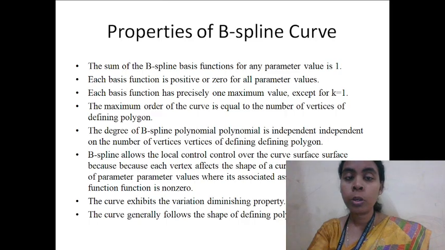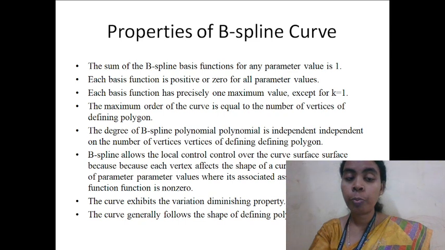The properties of the B-spline curve: the sum of the B-spline basis functions for any parameter value is 1. Each basis function is positive or 0 for all parametric values. Each basis function has precisely one maximum value except for k equal to 1. The maximum order of the curve is equal to the number of vertices defining the polygon.